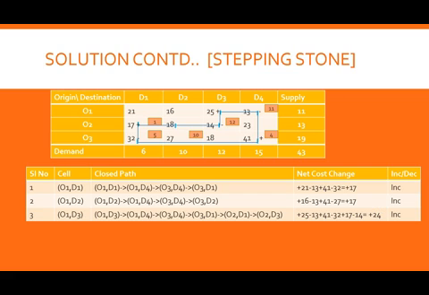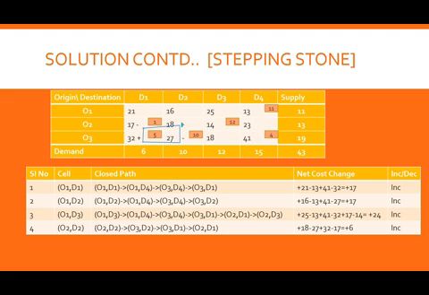The next unoccupied cell is O2D2. So I consider O2D2 as reference. From O2D2, I go to O3D2, O3D2 to O3D1, O3D1 to O2D1. This will form a closed loop, so I mention in the closed loop here: O2D2, O3D2, O3D1, and O2D1.